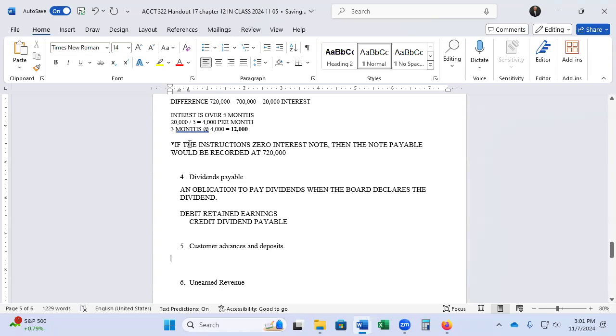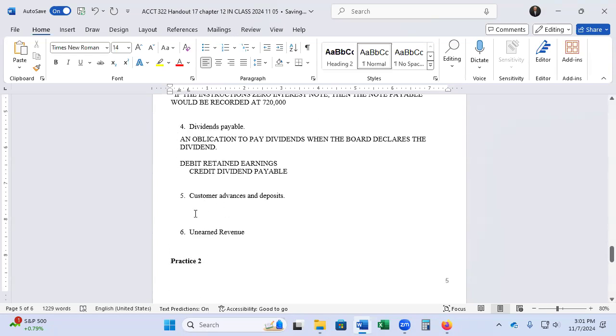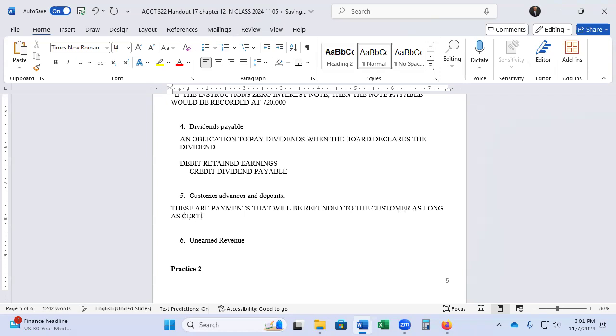Customer advances and deposits. They're kind of trying to separate this from unearned revenue. The way they do that is they say these are payments that will be refunded to the customer as long as certain conditions are met.